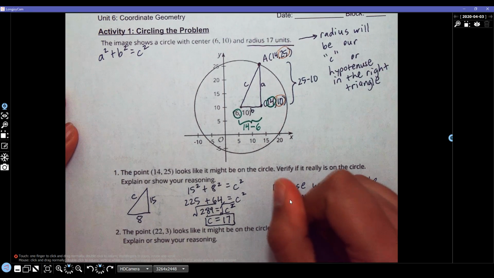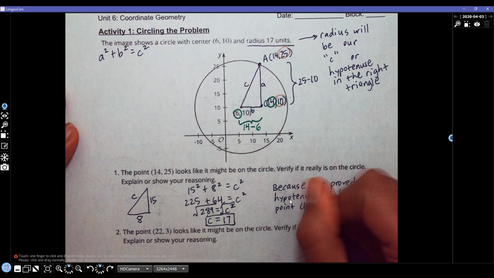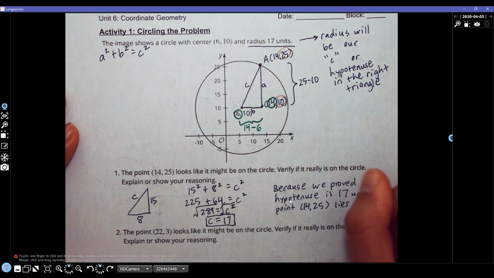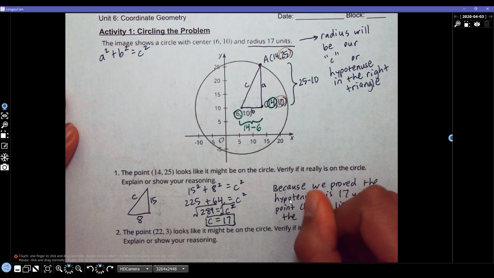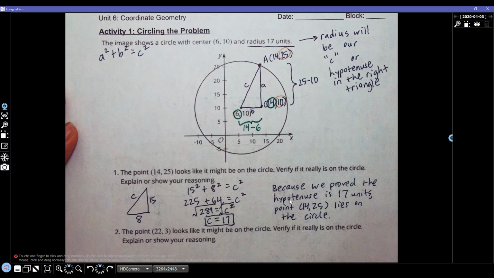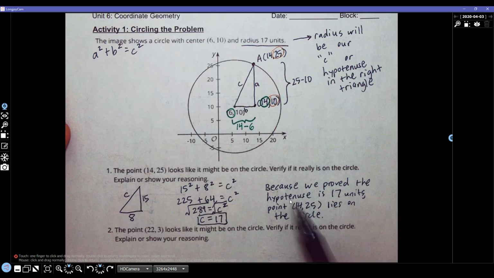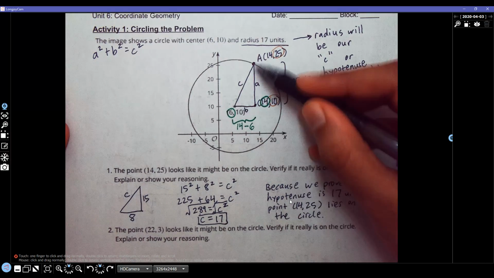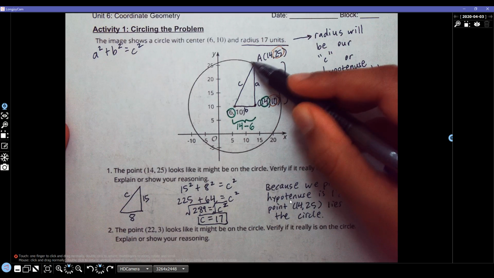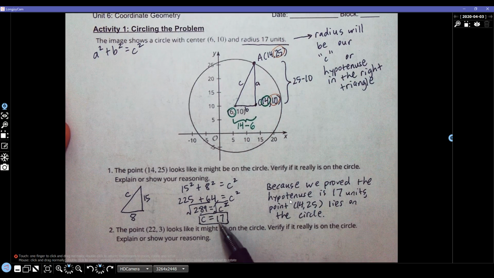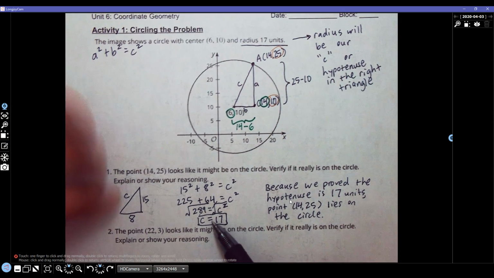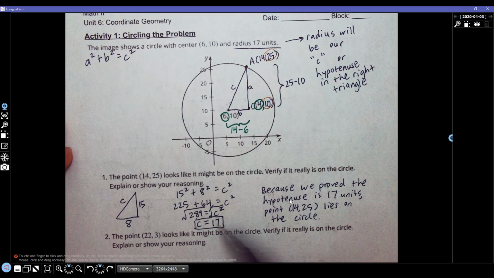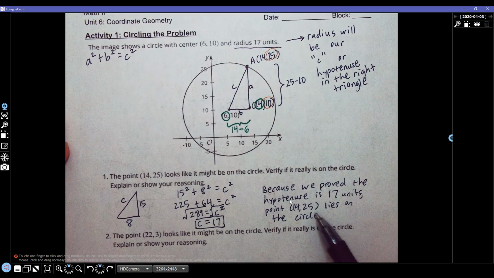Point 14, 25 lies on the circle. Because this hypotenuse represented the distance between the center and this point 14, 25, and that was our radius. Because we proved that indeed this distance is 17, meaning that the radius is 17, we now know that point 14, 25 lies on the circle.